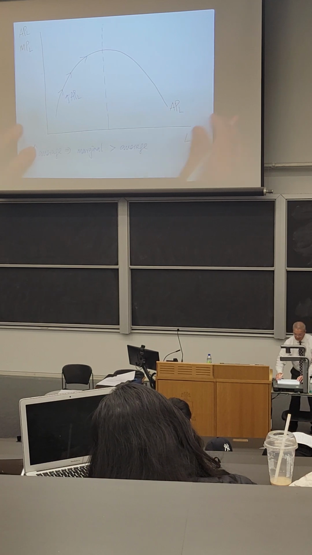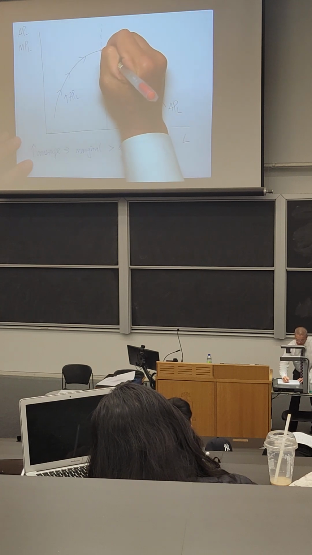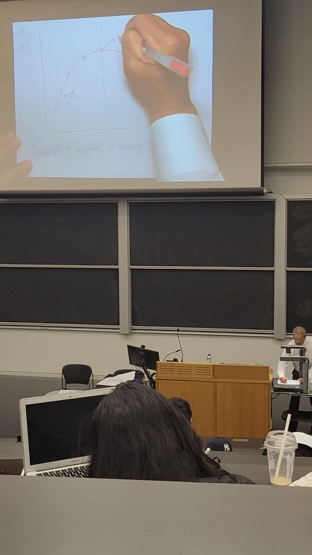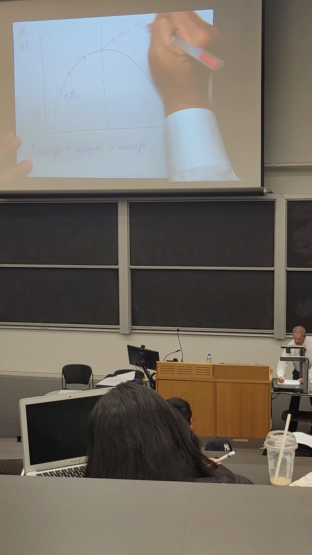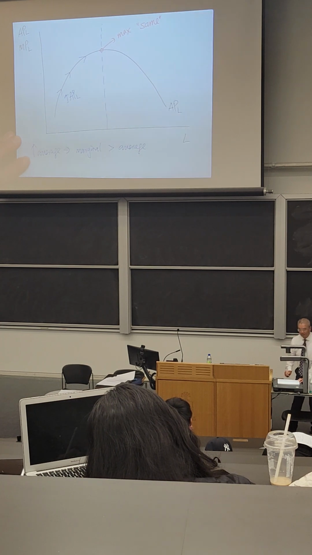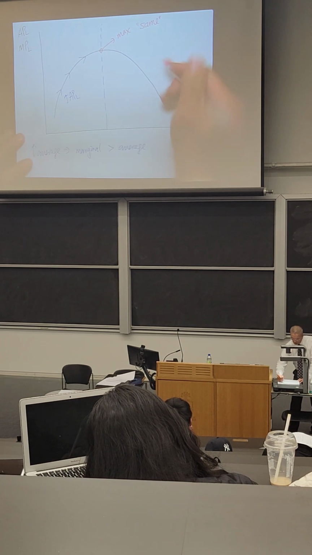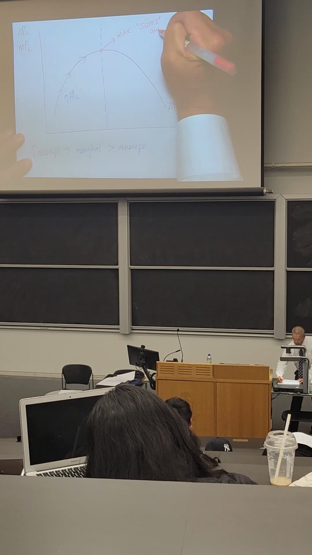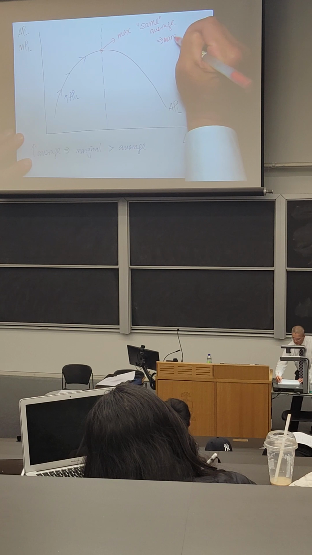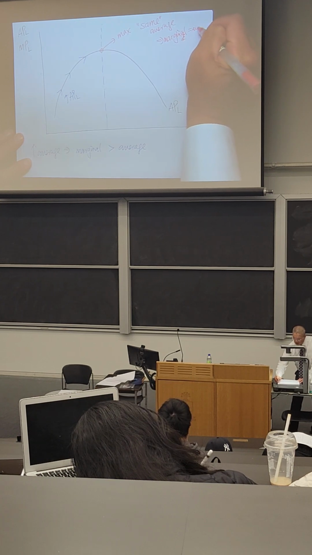And then, at this point, the average is maxing out, i.e., it is not changing. And therefore, same average implies the marginal must equal the average.